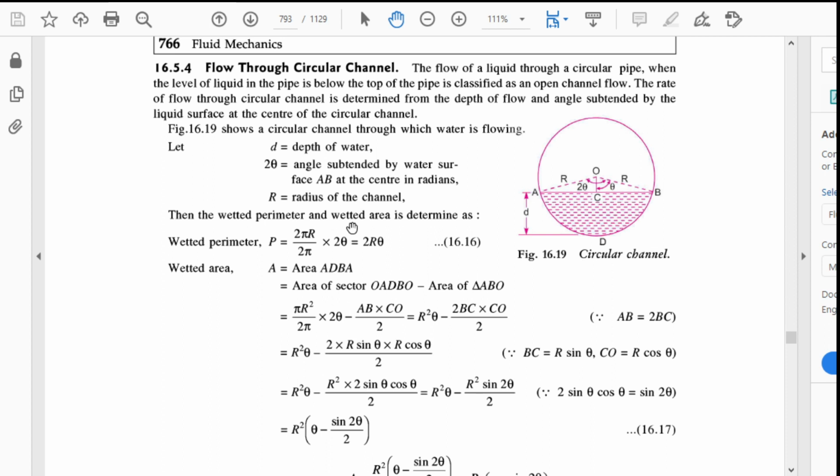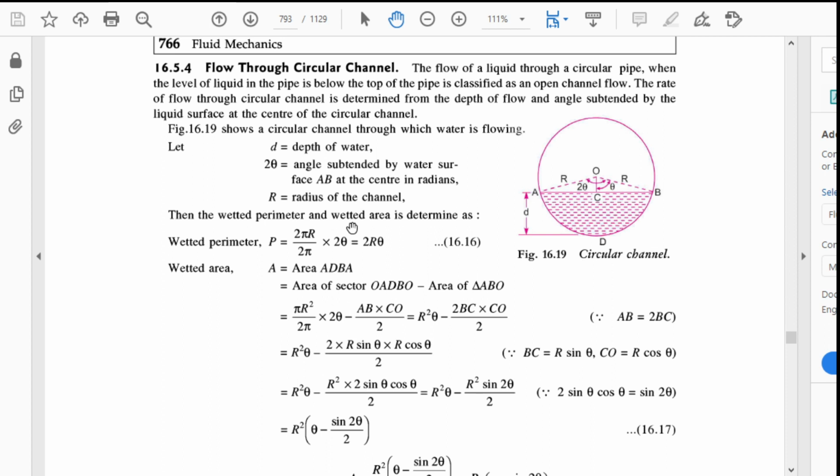Here, as I have already explained, how the pipe flow is defined as an OC, that is, open channel. One of the most important conditions for pipe flow to be open channel flow is that the water surface of the water flowing through the pipe must be below the top of the pipe.